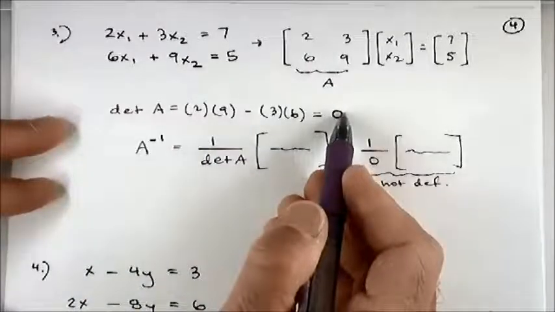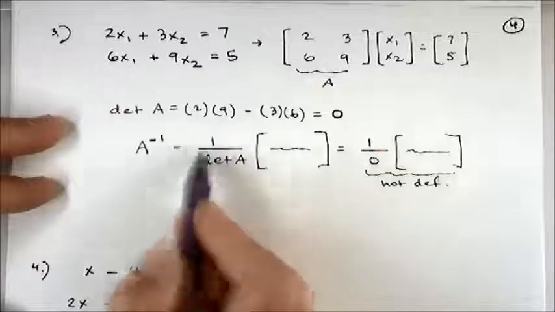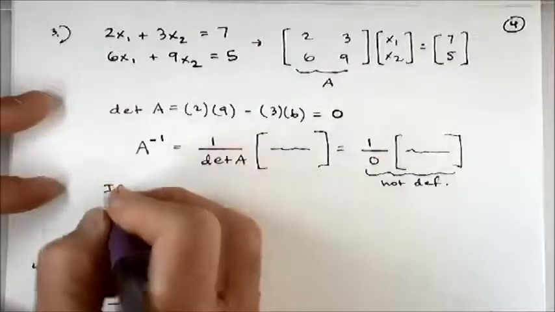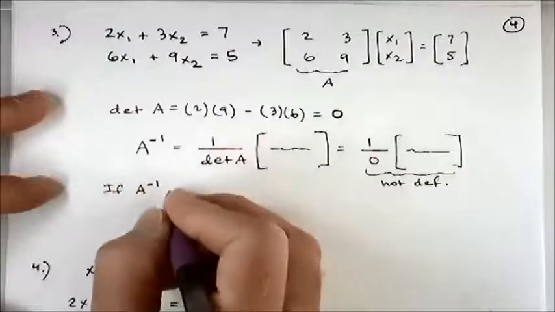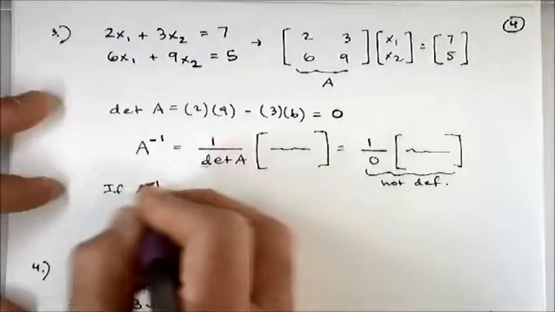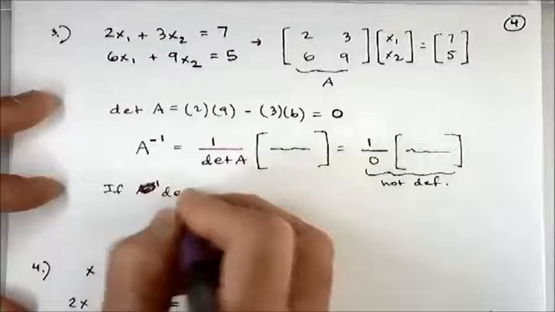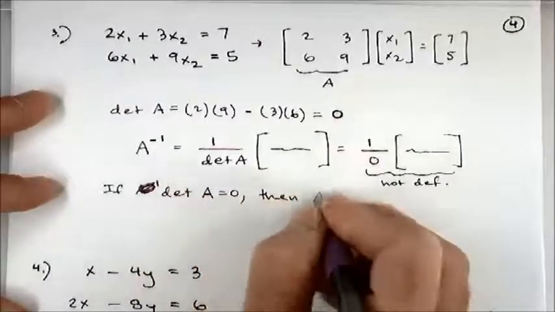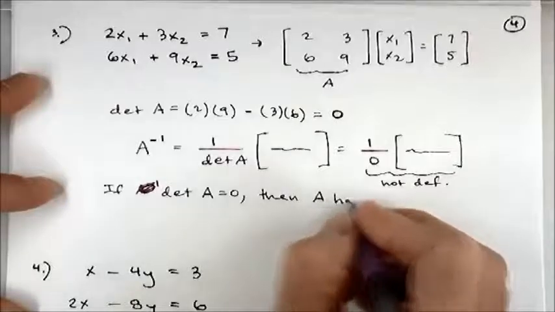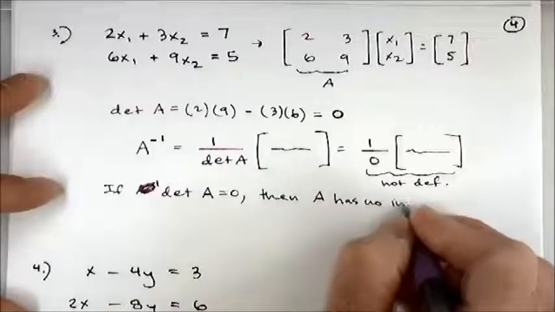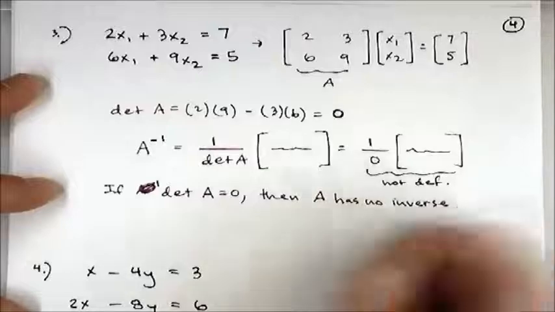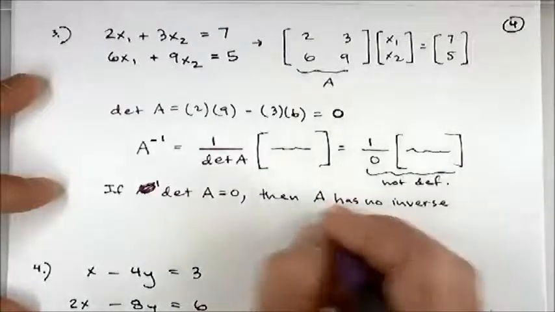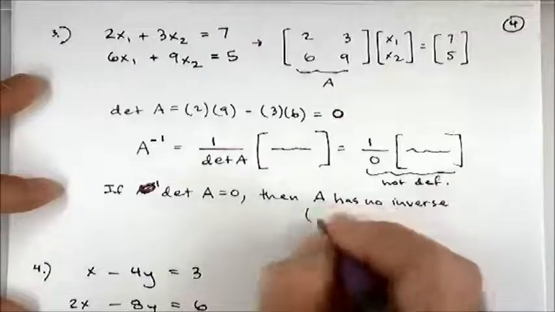If the determinant of A is equal to 0, you can clearly see that the inverse is not going to exist. Let's acknowledge that. If the determinant of A is 0, then A has no inverse. One fancy way of saying that is you could say it's not invertible.